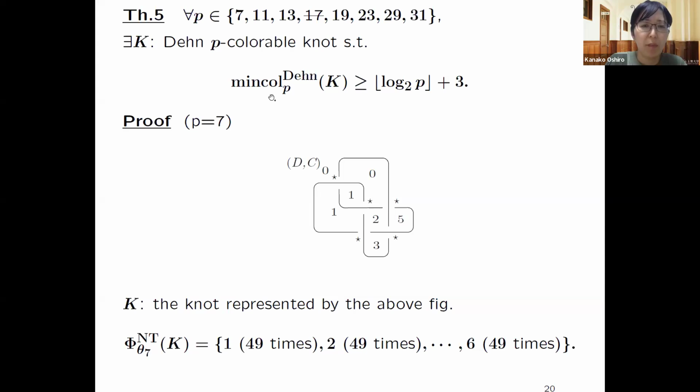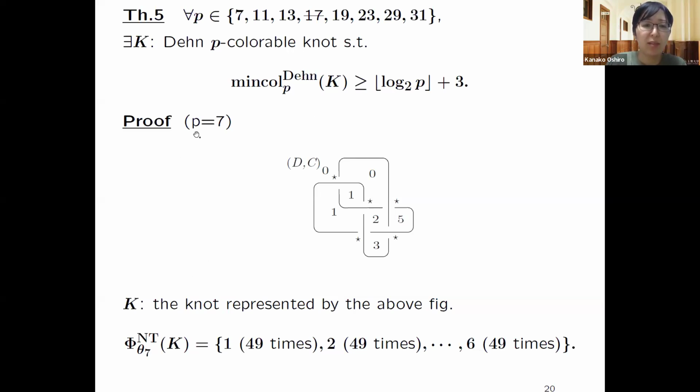So minimum number of Dehn P colors of K is greater than or equal to the floor function of log 2 P plus 3. So for this proof, we may give some examples satisfying this condition.